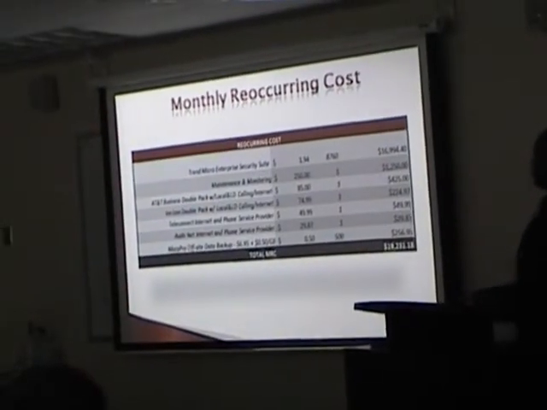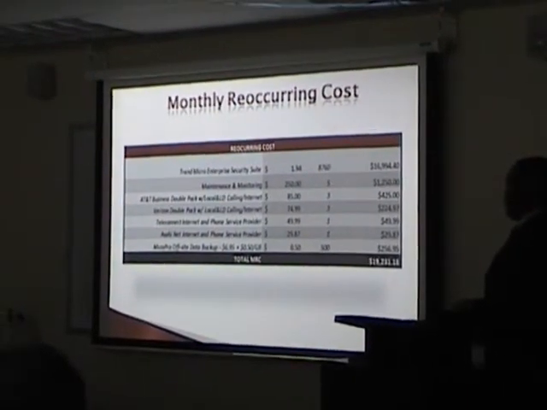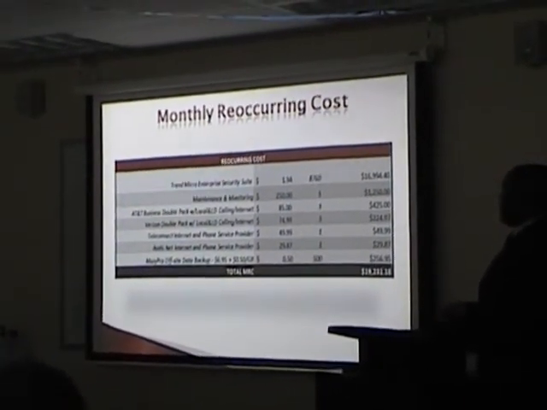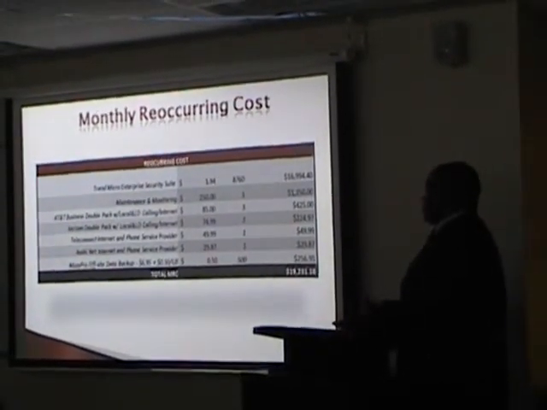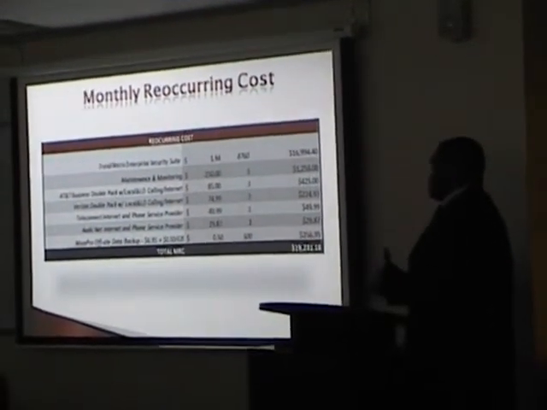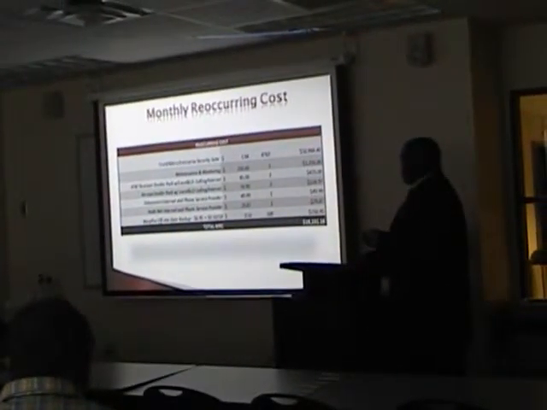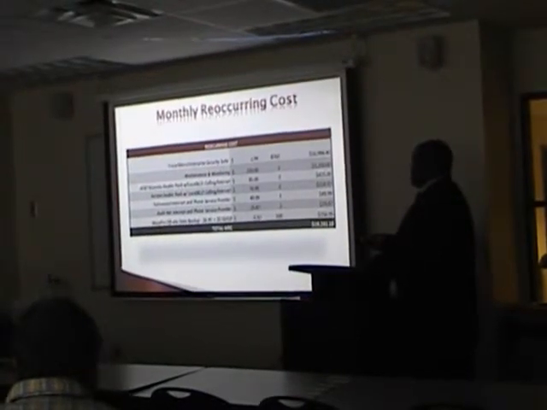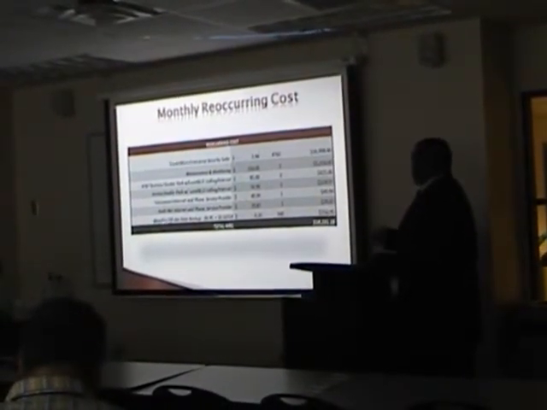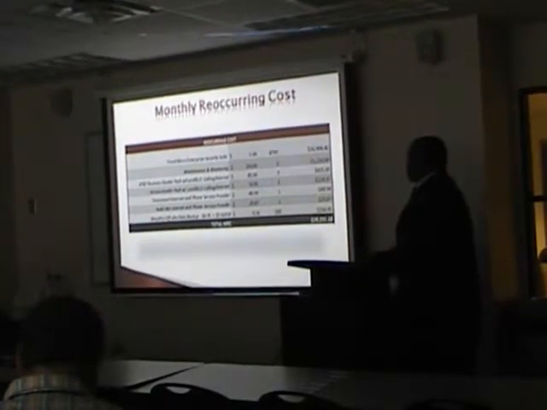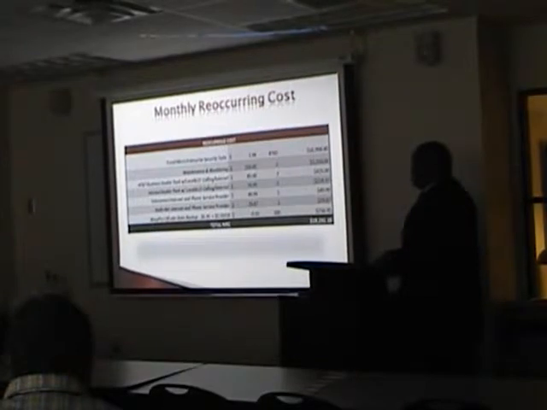And we got the monthly recurring costs. We got the Trend Micro Enterprise Security Suite. That costs $1.94 for each of the 8,760 computers, which is $16,994.46.